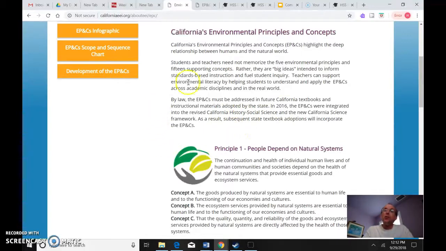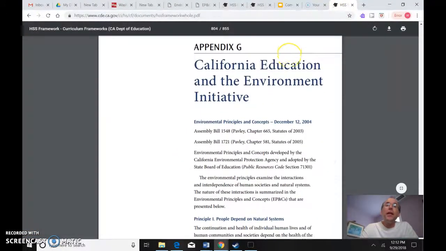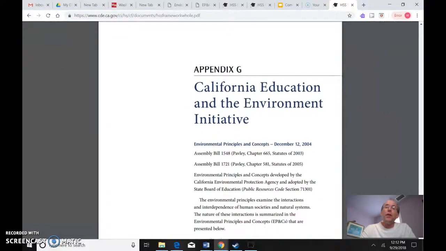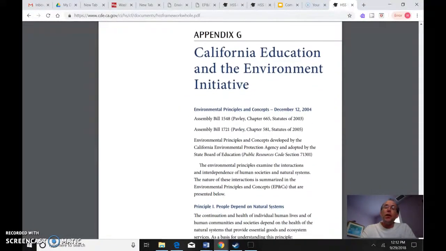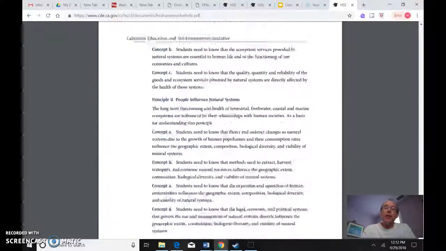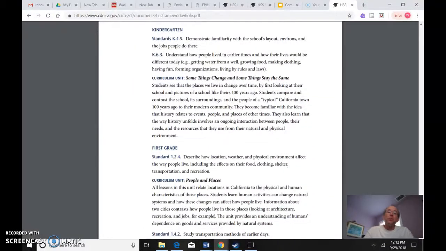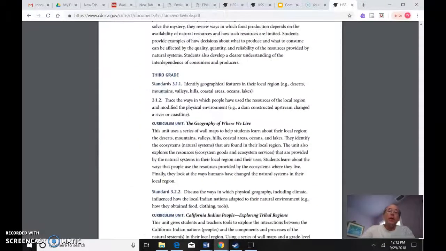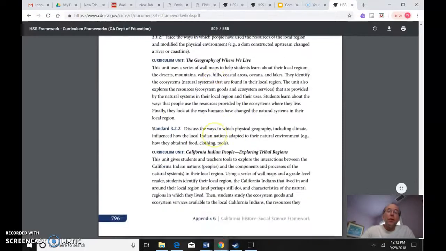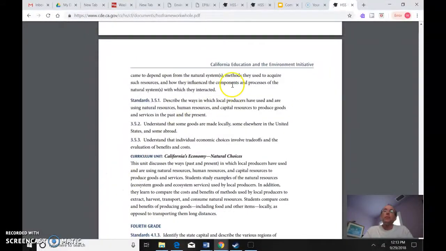As a matter of fact, if you go to the 900-page framework, go to page 804, Appendix G, and you have more information about the EEI. It also talks about some of the curriculum they developed in the 3rd grade, the curriculum unit, and it tells the specific standard or standards that they support.